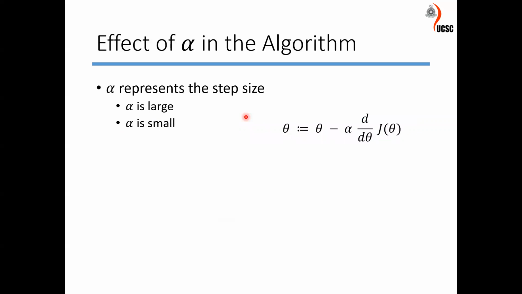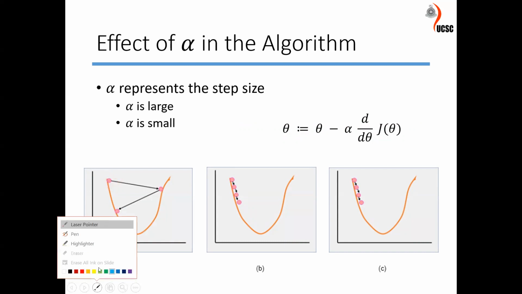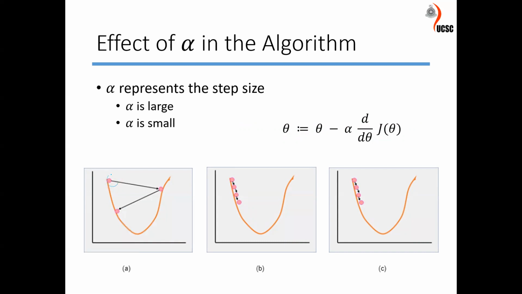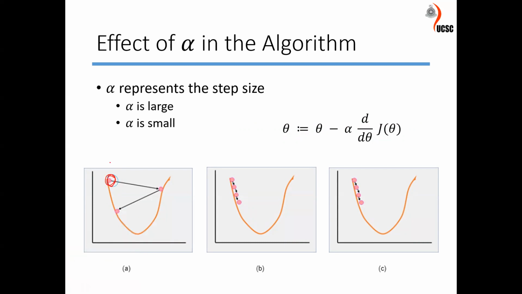So when you are considering this alpha, the learning rate or the step size, right? If we have a large learning rate, that will basically jump like this, because we are reducing a higher portion out of our theta.